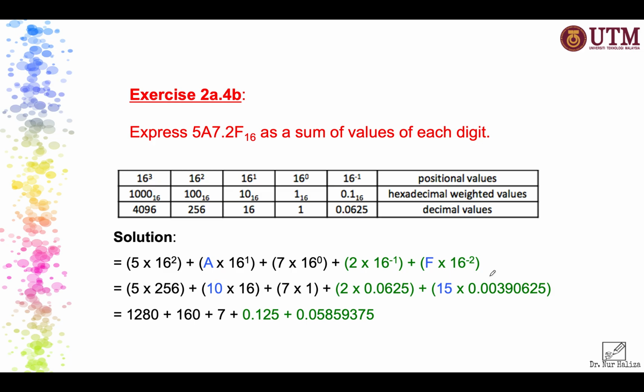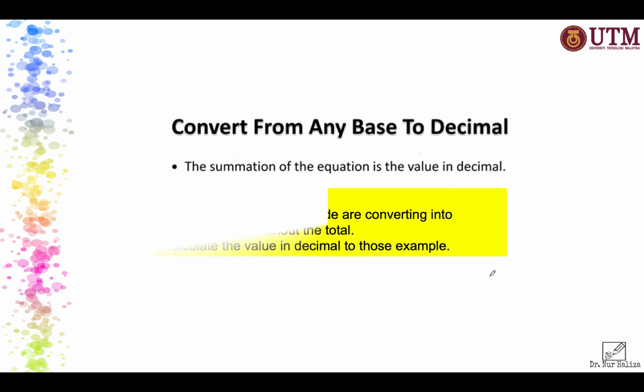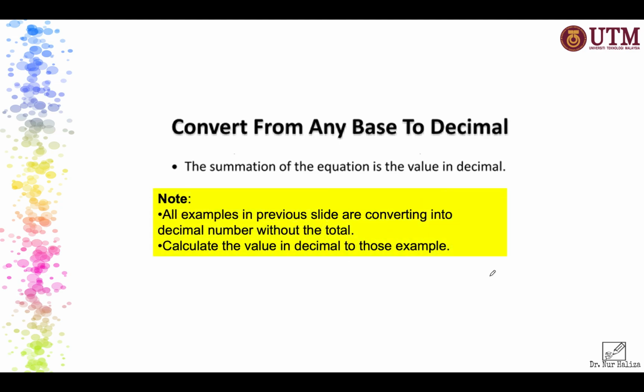For these notes, you can also refer to your module. In your module there are a lot of other examples and explanations, and I will also upload extra notes on your numbering system and how you convert from any base to decimal. All summations of the equations give the value in decimal.